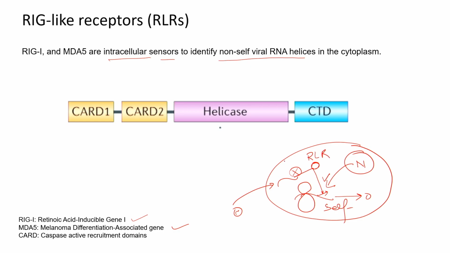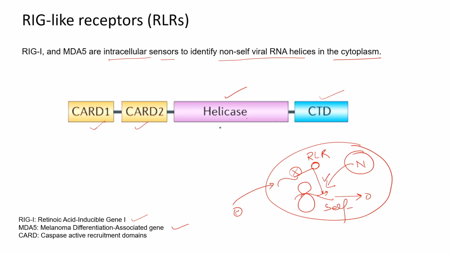So these are specifically present in the cytoplasmic area, and therefore these are cytoplasmic sensors. One can see that they have a C-terminal domain, they have a central helicase domain, and then they have two caspase activation recruitment domains, that can recruit the caspase protein on the cytoplasmic tail to activate it. So these are the two CARD-like domains which are present on the other side of the protein.